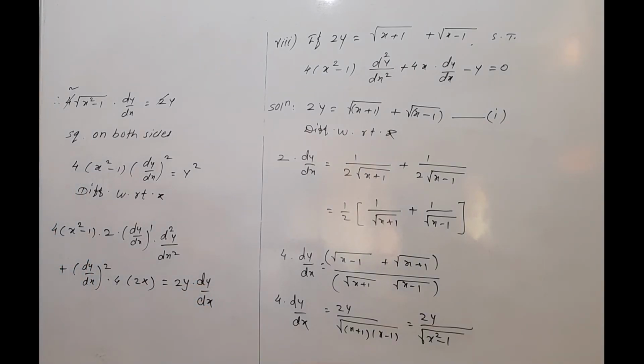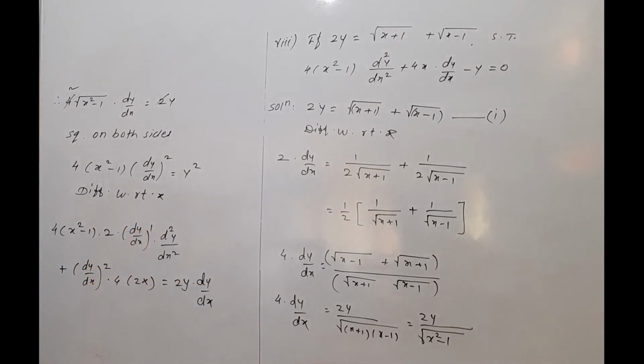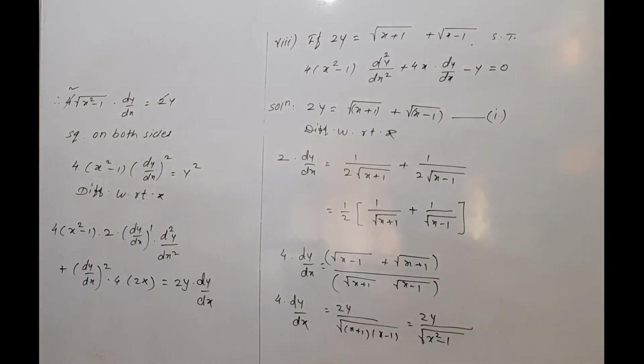Now if we observe the terms, here we have dy by dx, here also we have dy by dx bracket square, here also dy by dx, that means we take dy by dx common from the left hand side. Also we take 2 dy by dx common. So we write here 2 into dy by dx in bracket, here we write 4 into x square minus 1 into d2y by dx2.